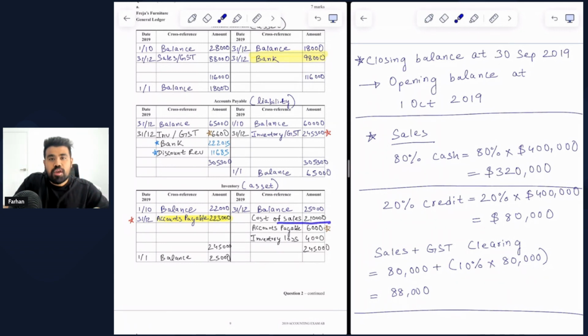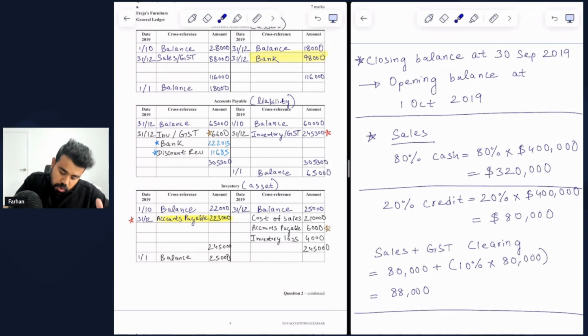This is because when we are selling the inventory, we are getting rid of that batch of inventory, right? So if we are selling that inventory, that reflects a reduction in the assets that we already have in our business. So that is why, since the assets are going down because of the inventory that we are selling, we need to show that on the credit side of the ledger account for inventory.